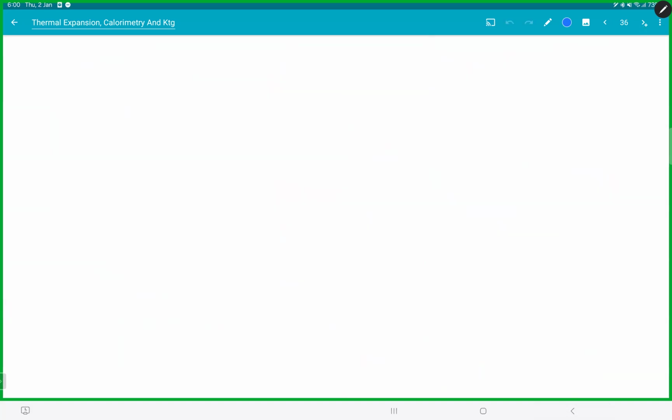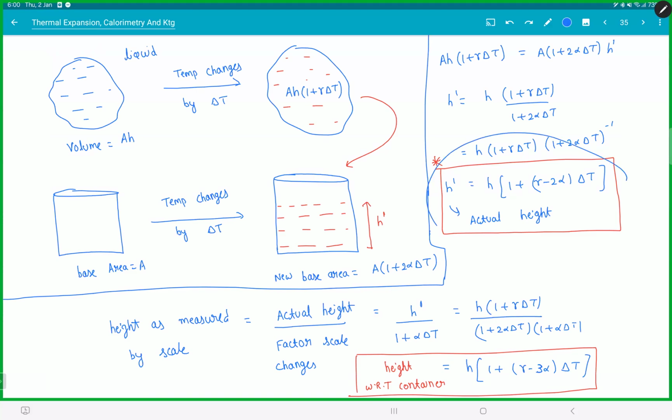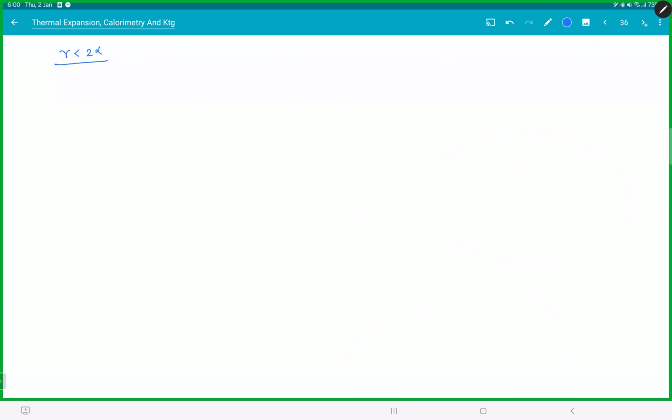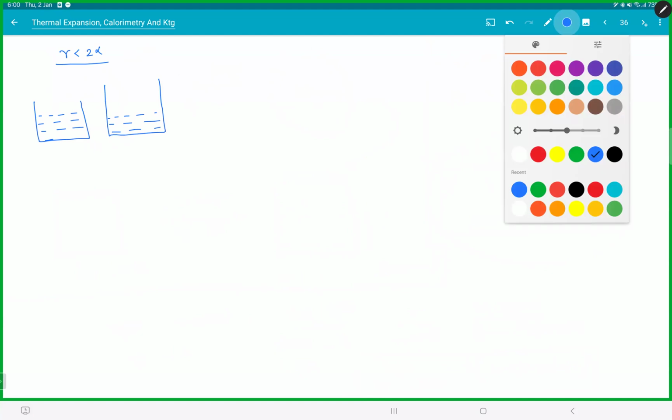Now let's see what it means actually. Let's say gamma is less than 2 alpha. Now understand, if gamma is less than 2 alpha, this is negative, this is also negative. A picture would make it easier to figure out what is happening. If this is my container and this was the liquid, the container became big, and the liquid became like this.